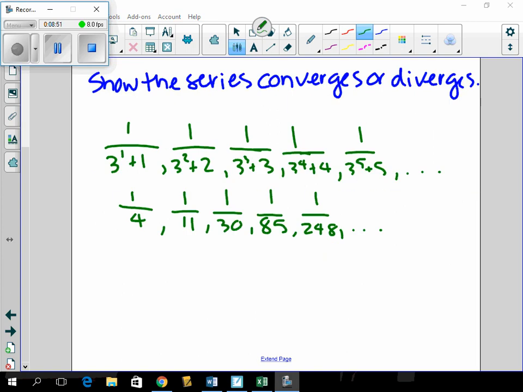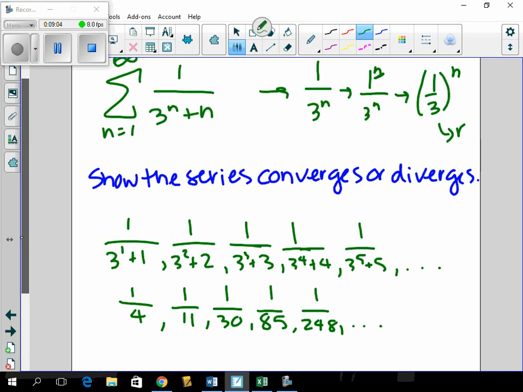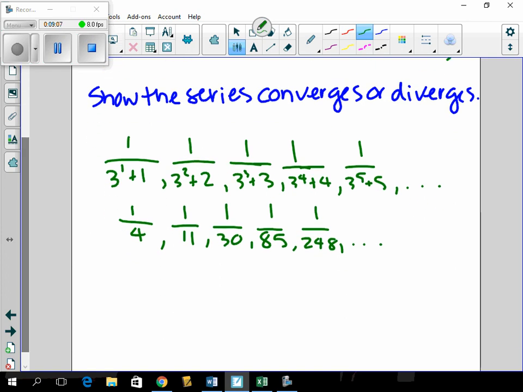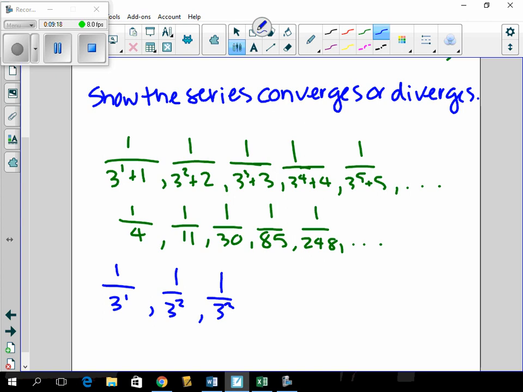So let's calculate these really quick. I just used my calculator to calculate these, and I got 1/4, 1/11, 1/30, 1/85, 1/248, and dot, dot, dot. So if I look at the terms for the series that I'm trying to prove it's less than, so 1 over 3 to the n, let's look at those terms. And I'm going to write these in blue so we can tell the difference. So 1 over 3 to the 1, 1 over 3 squared, 1 over 3 cubed, 1 over 3 to the 4th, 1 over 3 to the 5th.